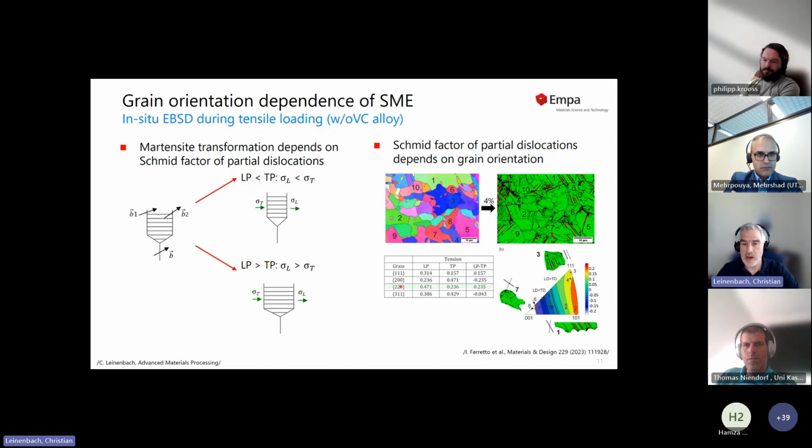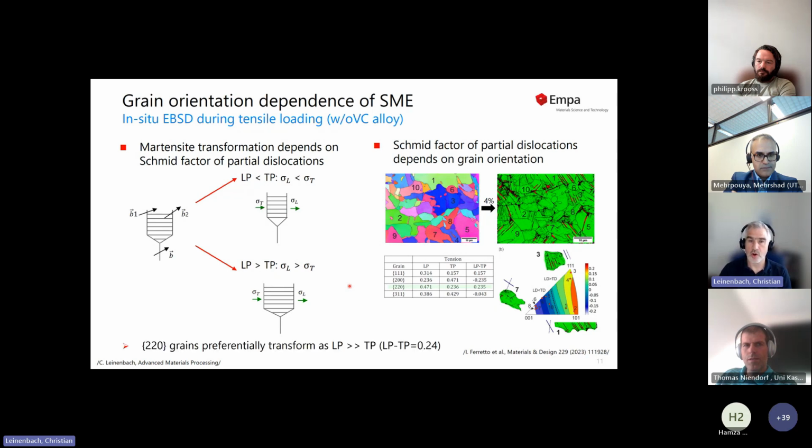So the 2-to-1, 2-to-0 grain family seems to be very easy, 111 also. It means if we have textures in the material, then we have a more pronounced phase transformation, and as a result, a more pronounced shape memory effect.